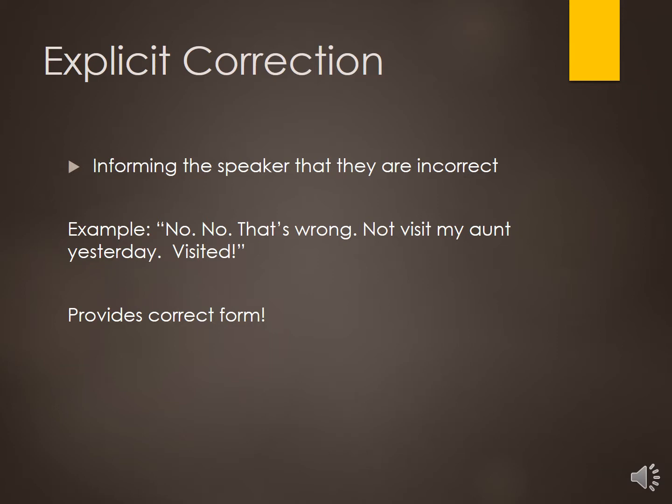No, it's not "visit my aunt yesterday," it's "visited." The key part of explicit correction is that you are providing the corrected form. So right after the student has said the sentence incorrectly, you just quickly come in and say, that's not the way you do it, this is the way you do it.